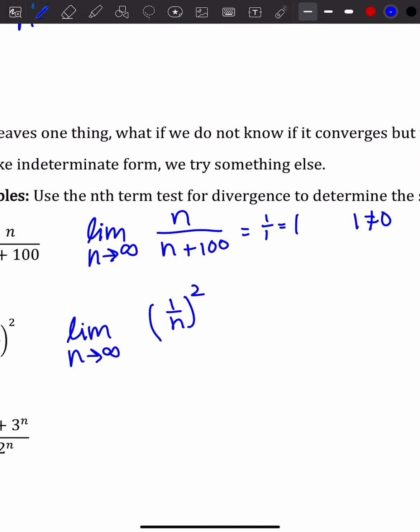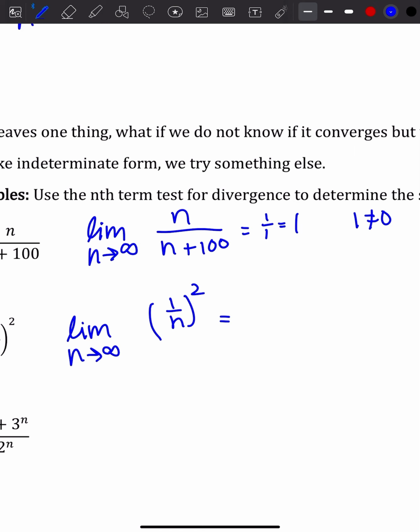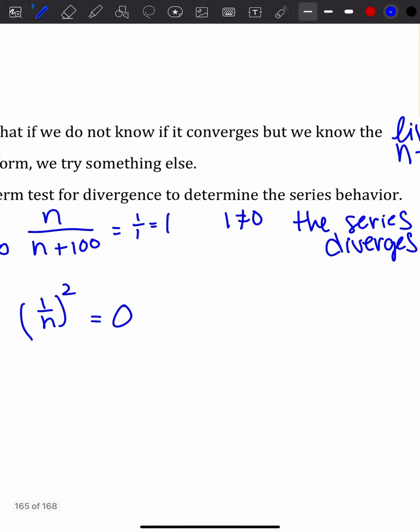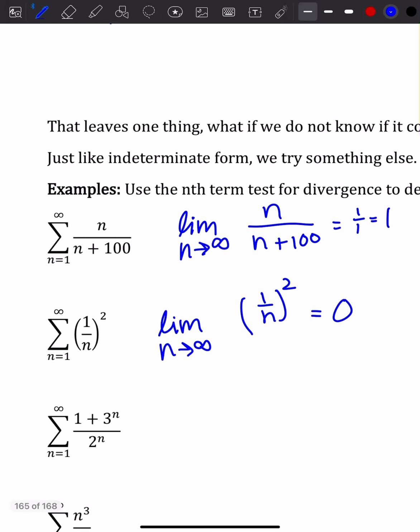As we get really, really large numbers in the denominator, our function overall is going to go towards 0. Because our limit is equal to 0, we are inconclusive. We don't really know what to do next. And because this is not a geometric, it's not something to the nth power, we don't really have anything else we can do. So for right now, this just stays where it's at.